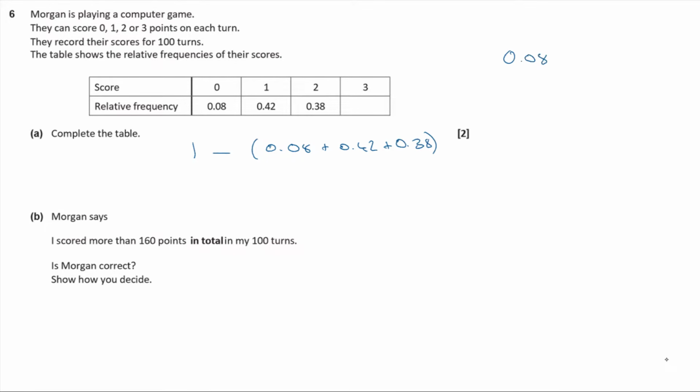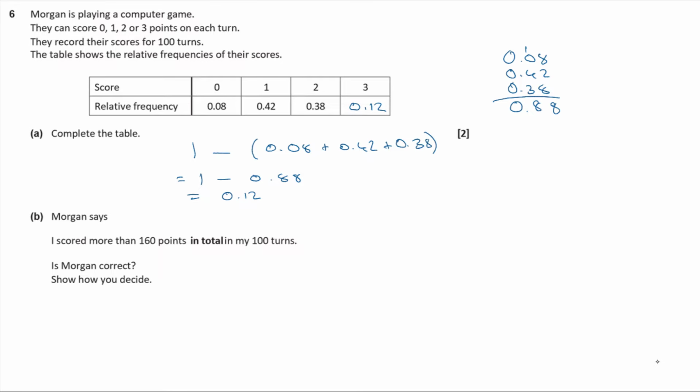So 0.08, 0.42 and 0.38. That adds up to 8, 16, 18. Carry 1. 1, 4 and 3 give me 8, so that's 0.88 then, isn't it? So 1 minus 0.88, what's that? That's 0.12. So that's my relative frequency of getting a 3.